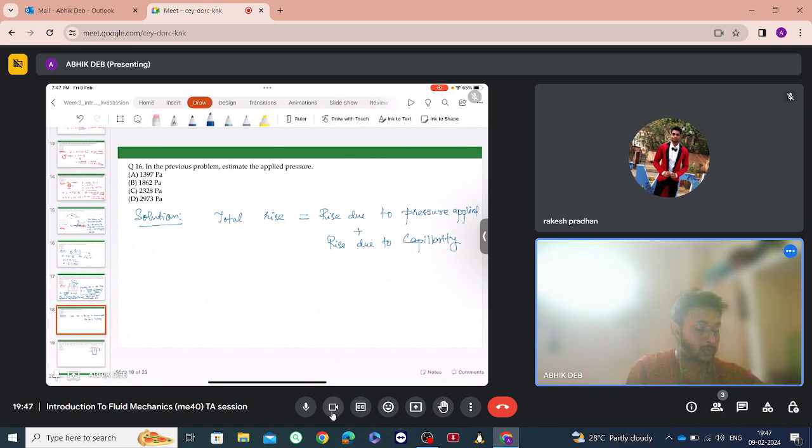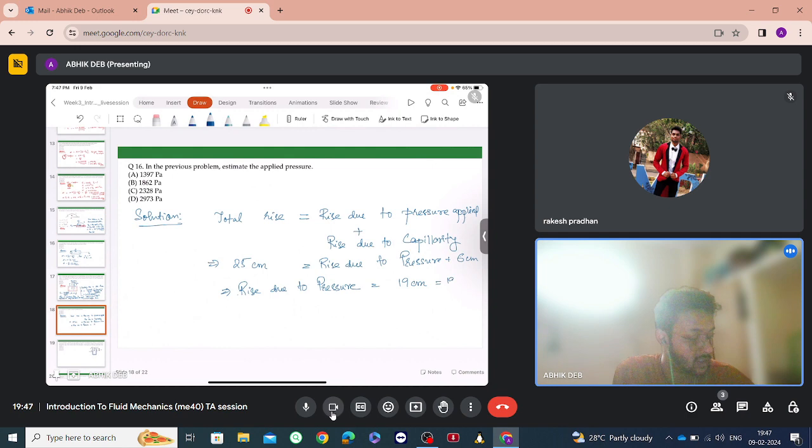So the total rise is 25 centimeters, rise due to pressure plus the rise due to capillarity is 6 centimeters. So the rise due to pressure, that is the pressure applied, is 19 centimeters.